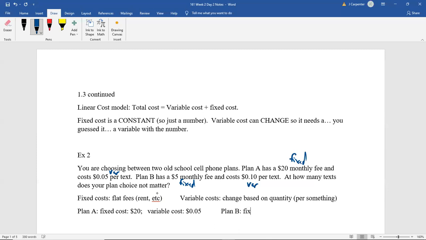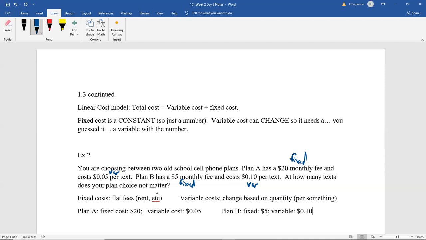For plan B, our fixed cost is $5, yes, $5, whereas our variable cost is 10 cents. I'm probably just going to go ahead and type everything up. It doesn't take that long. So those are our knowns and our unknowns. We read the problem several times. We labeled our knowns and unknowns.